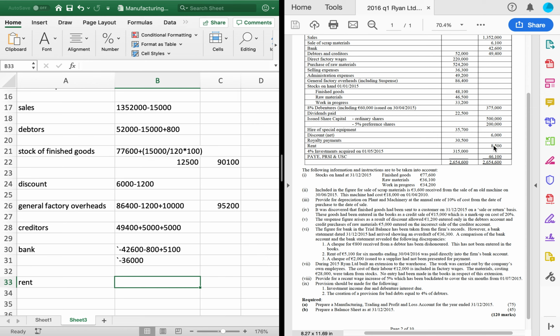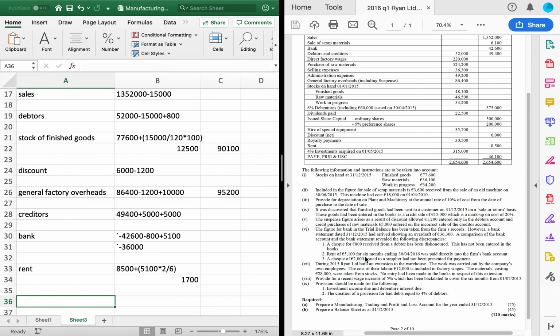So rent starts off at 8,500. We're going to have to add on 2/6 of this number here, 5,100, because that's for this year. So that should be 1,700. Okay, and the remaining 3,400 is rent receivable prepaid.